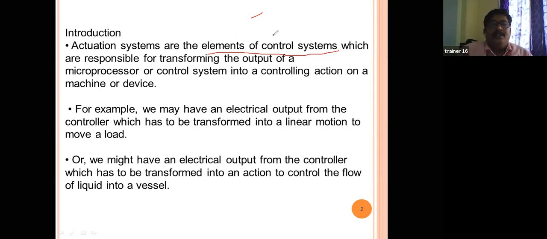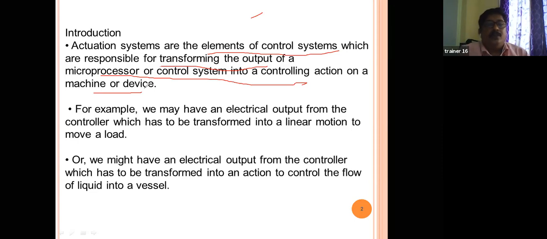It is one of the elements of a control system. It is responsible for transforming the output of, for example, a microprocessor, a control system, into controlling action on the machine or a device. That means to get our desired output, it applies a controlling action on a machine or an equipment or a device or a mechanical system.